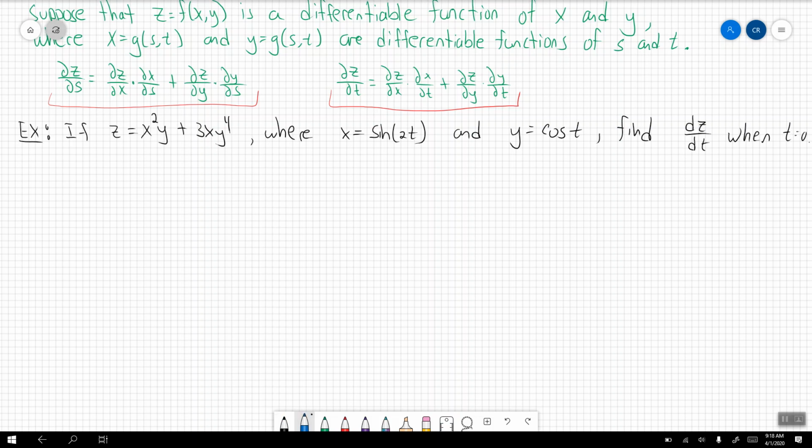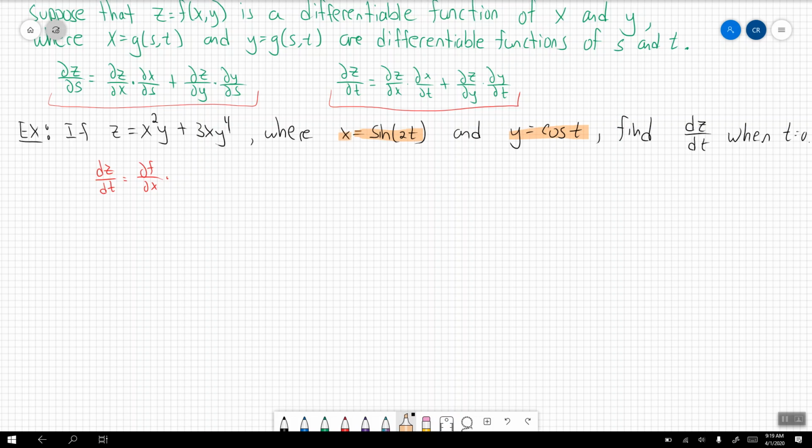So, using the process that we saw from above, we should get something along the lines of this: when we're looking at the total differential here, dz/dt, this is going to be the partial of the function with respect to x multiplied by, we could say the partial with respect to t, but since this function and this function only have one variable, it's not really a partial derivative.